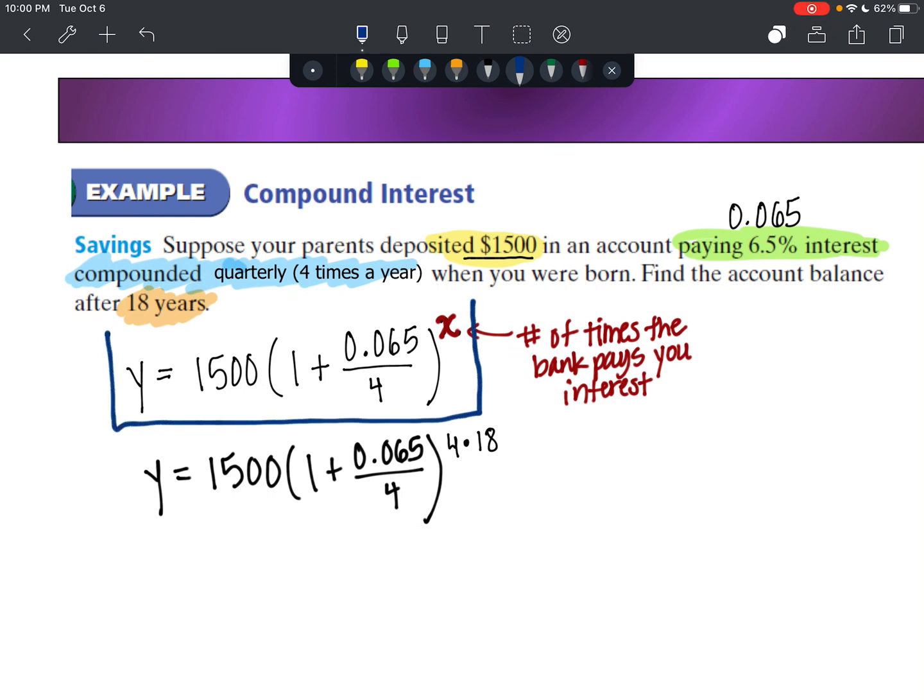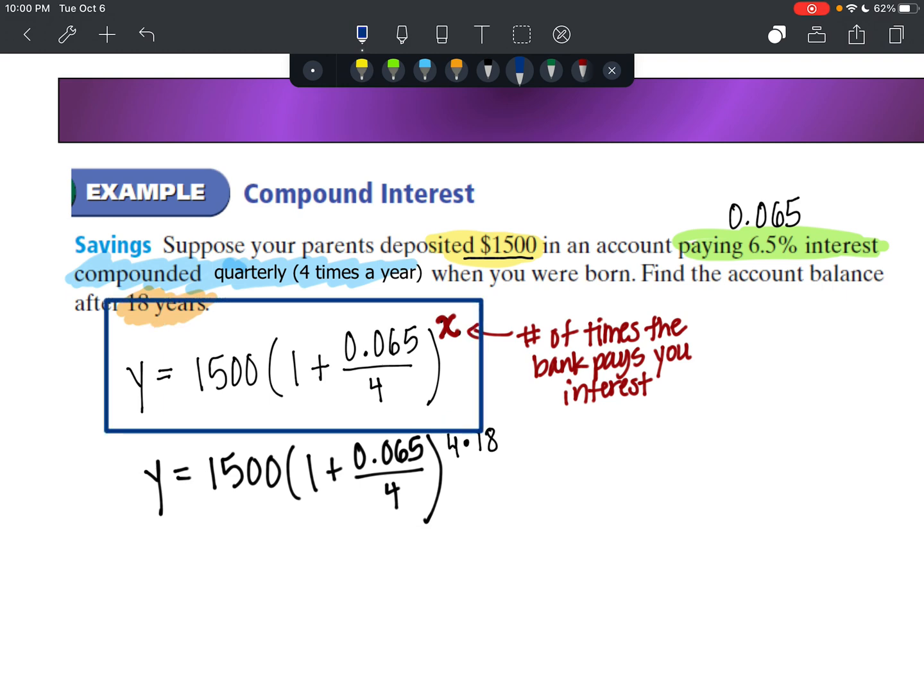Our function is going to have an input and an output. And then we're going to use that function to find out what our account balance is. So the account balance is going to be approximately, now what I would do is I would probably put this into my calculator first.